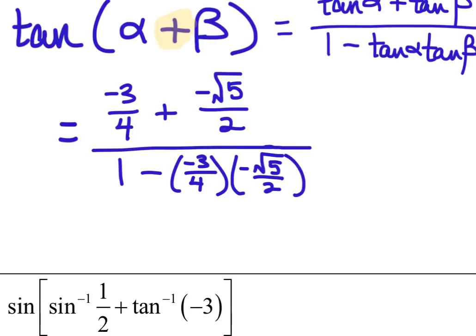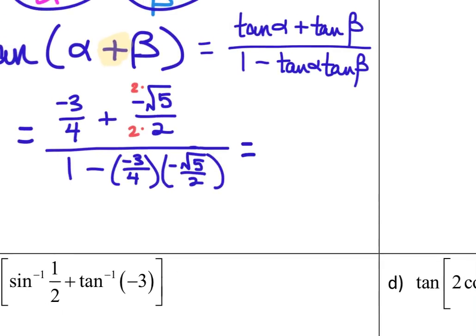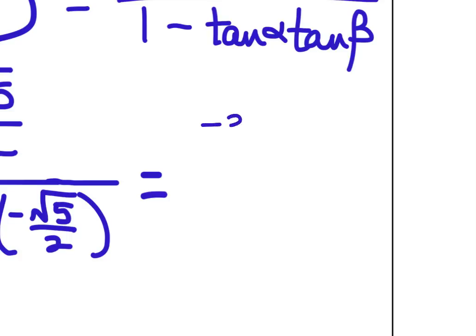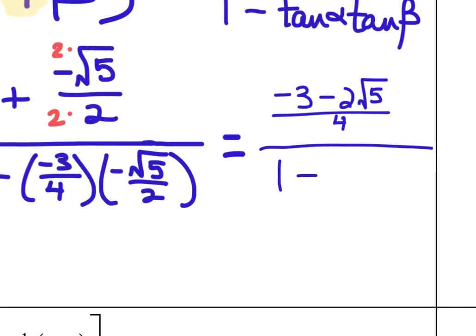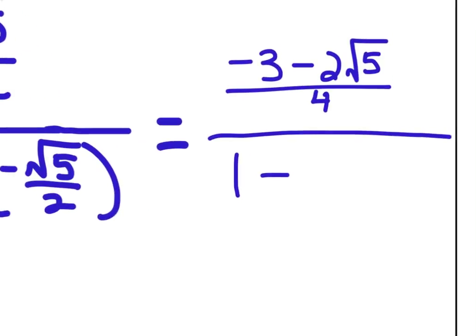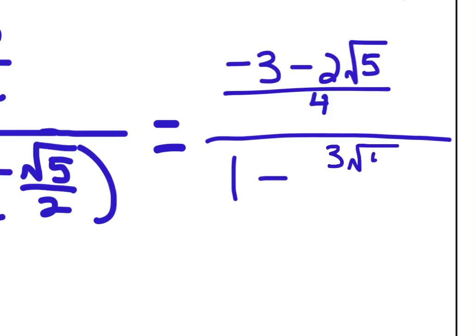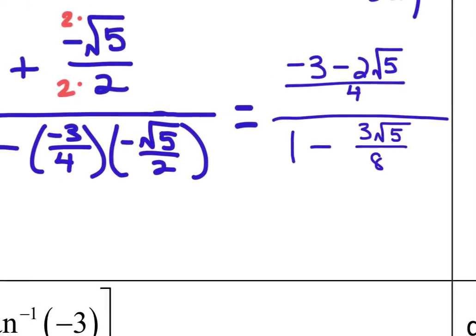So in the numerator, I am going to multiply the top fraction by 2 so that I have common denominators. And so I end up with negative 3 minus 2 radical 5 over 4, all over 1 minus, and then that negative 3 times negative radical 5 is going to be positive 3 radical 5 over 8, the 4 times the 2.